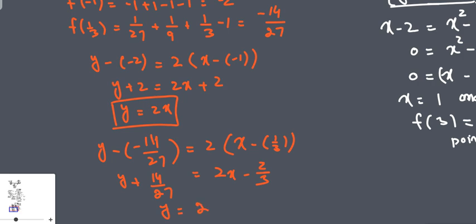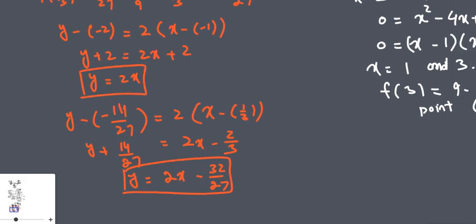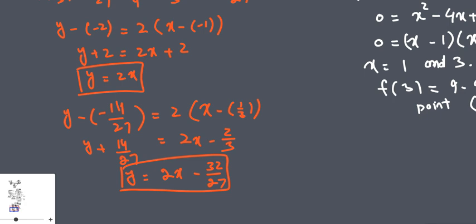So by simplification, I will get y equals 2x minus 32 by 27. So this is the second equation. So these are the equations of the tangents that are normal to the previous equation. Is it clear? Any questions? No.